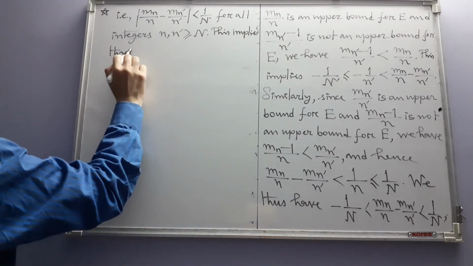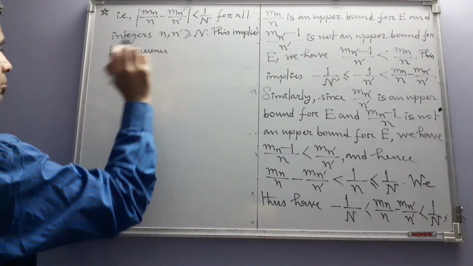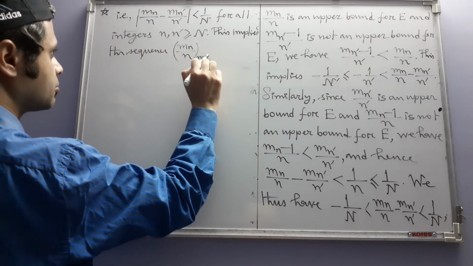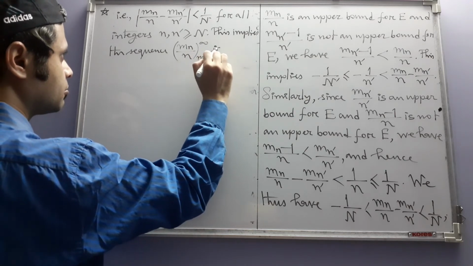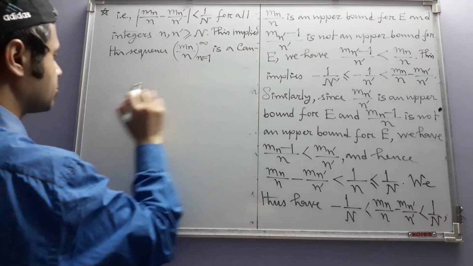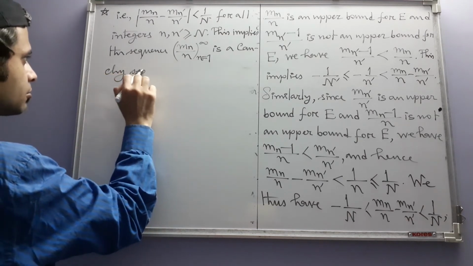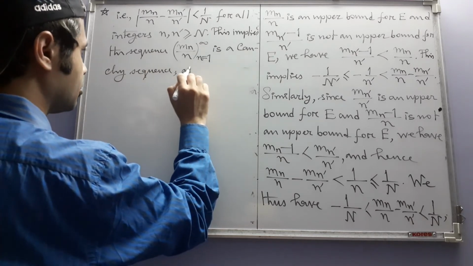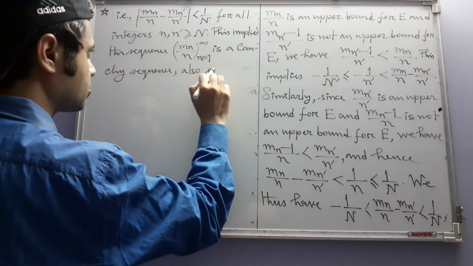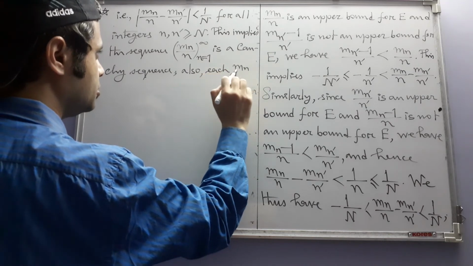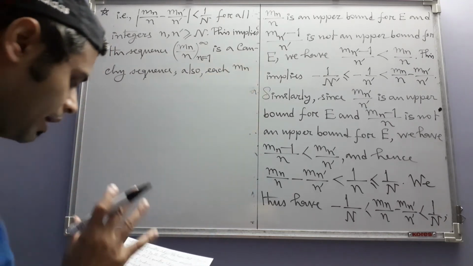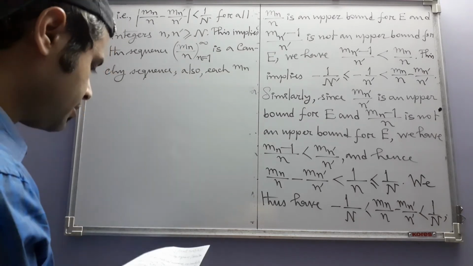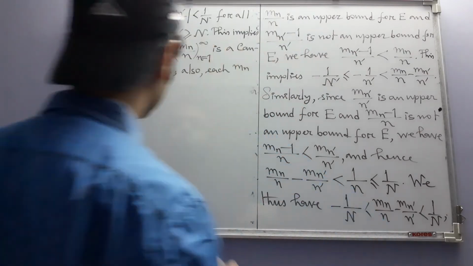For such choices, this inequality is always going to be true, and this implies the sequence m_n/n is a Cauchy sequence. Why is it a Cauchy sequence? That is also an exercise. This is the fourth exercise.